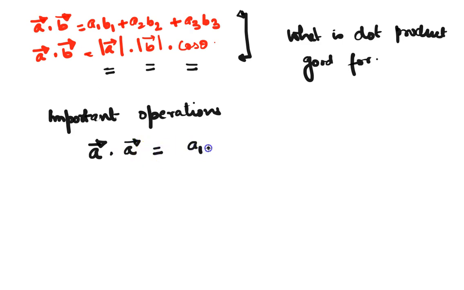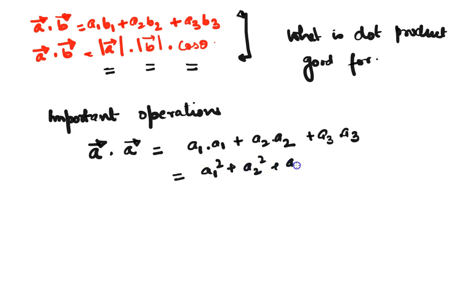That will be A1 into A1 plus A2 into A2 plus A3 into A3, which equals A1 square plus A2 square plus A3 square, which is the magnitude of A vector whole square.